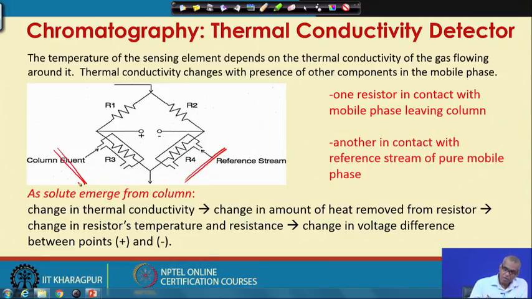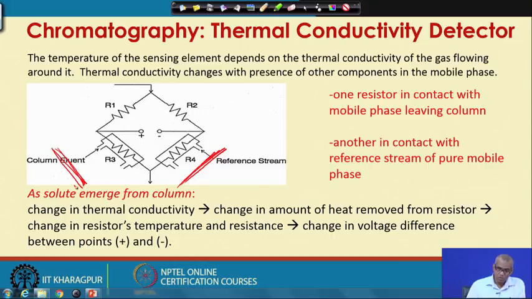Now, I have pure mobile phase here and I have the column eluent here, that means the mobile phase that comes out from the column and carries components along with it at different times. Since the components in the mobile phase will change its thermal conductivity, there will be a change in the amount of heat removed from this resistor.